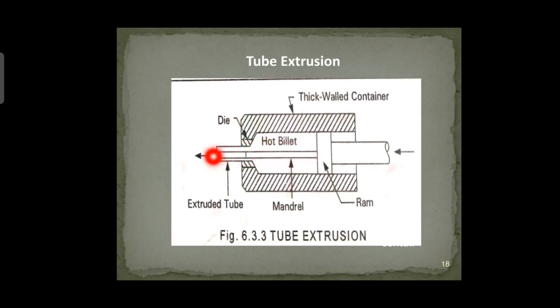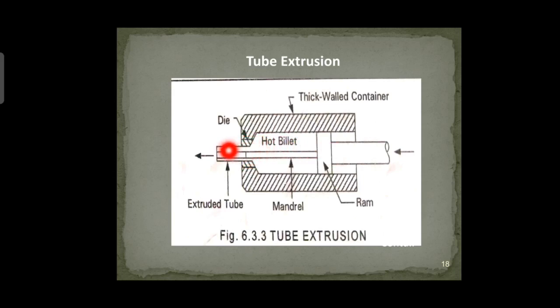It is projected in at the center of the die. Whenever the material is present inside the container, the process is again the same. The billet is forced between the die and the mandrel. With the help of the ram, whenever you apply pressure, the hot billet is forced in between the die and the mandrel.